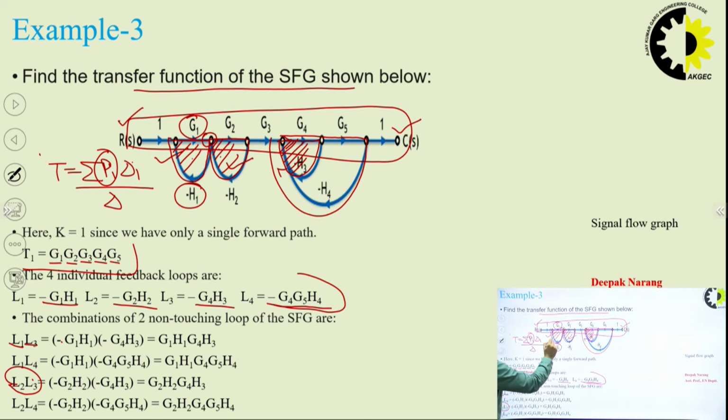Now see, this loop is also non-touching with this lower loop, G4, G5 minus H4, and this loop is also non-touching with this loop.